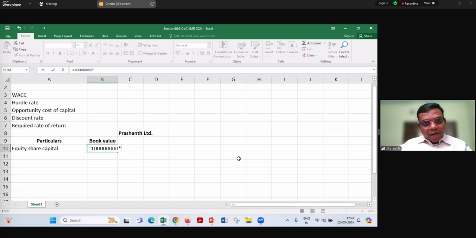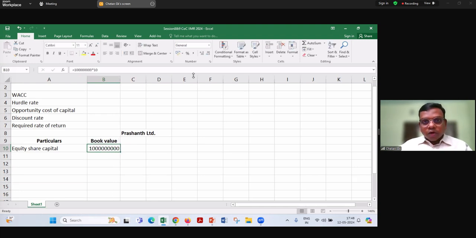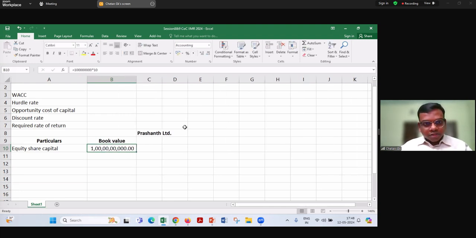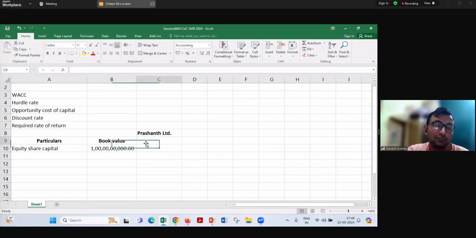When the company issued these for the first time, it issued them at a face value of 10 rupees. I multiply by the total number of shares, 10 crore shares multiplied by 10. So what is the total book value of equity share capital? 100 crore. It is 100 crores, right?